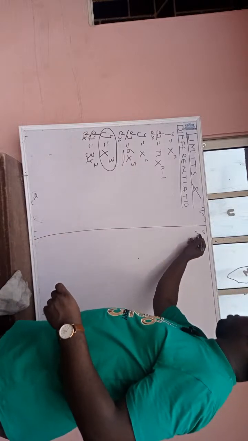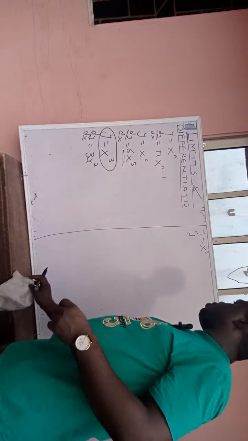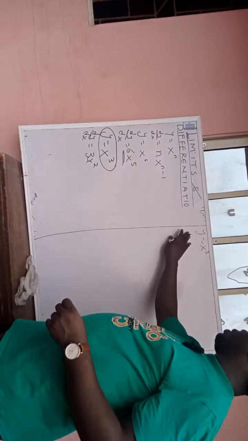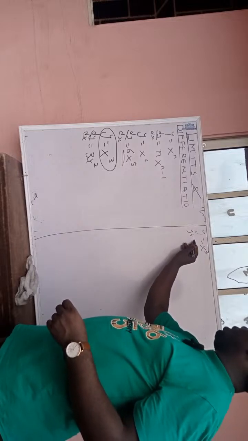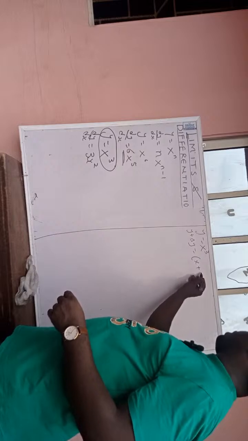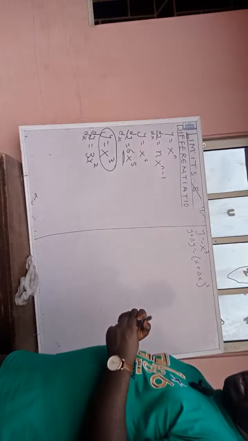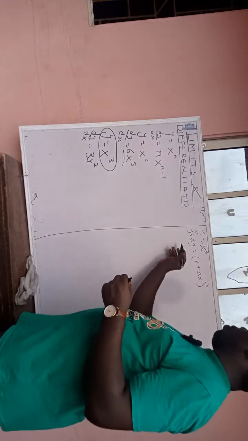So first principle, you have x cubed. Step 1, apply change in y to this, and then you have x here, apply change in x to this. So that's step 1. Step 2, minus y from both sides.